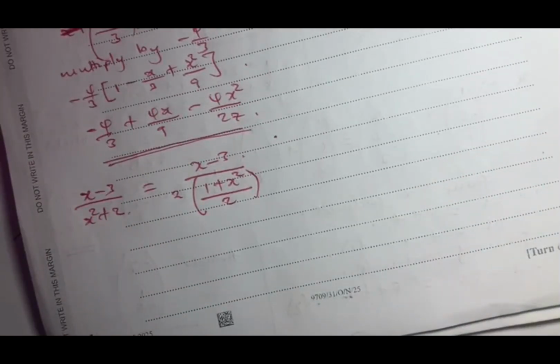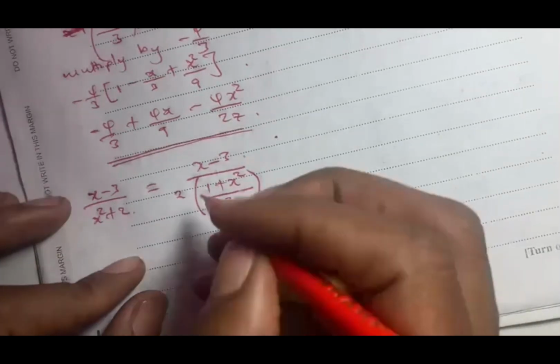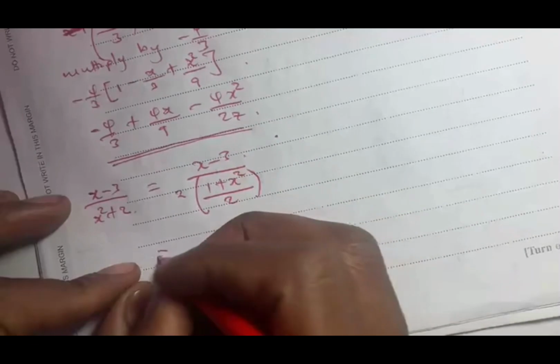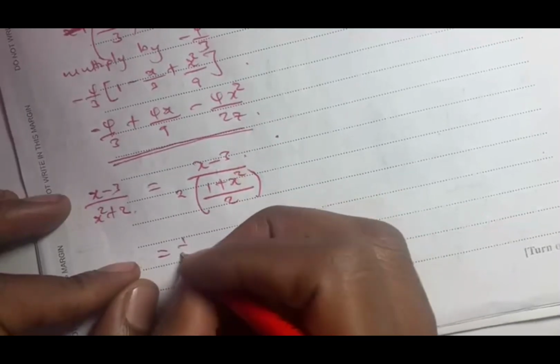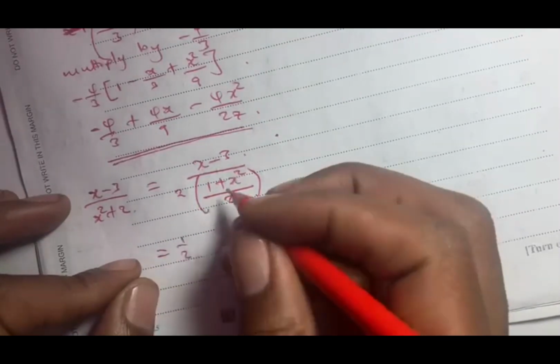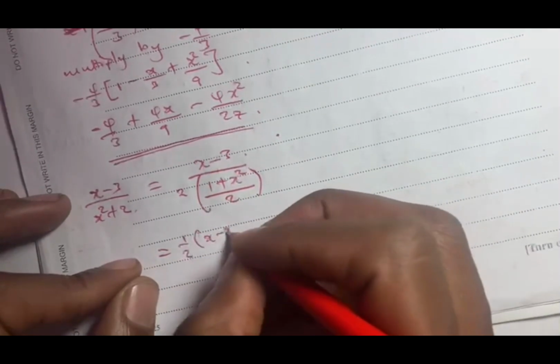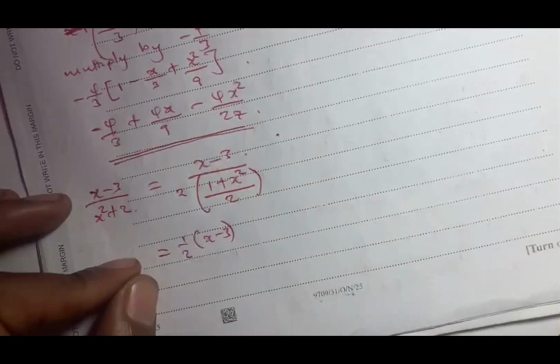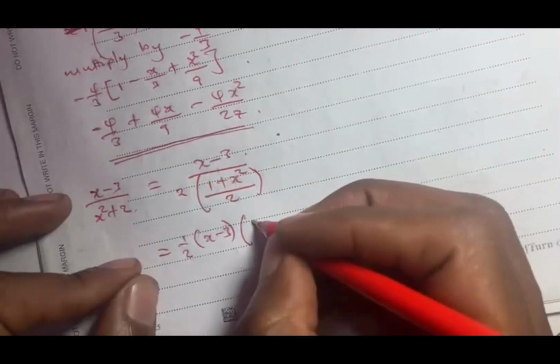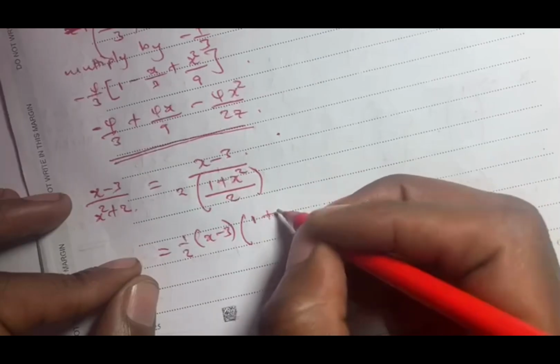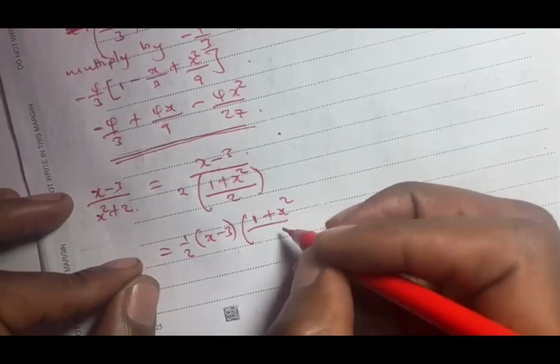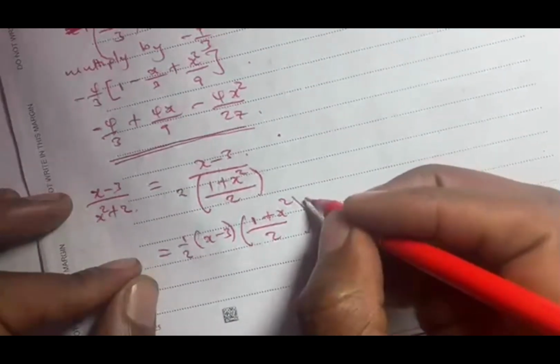I can take the 2 out to get one half of x minus 3, and then 1 plus x squared over 2 to the power of minus 1.